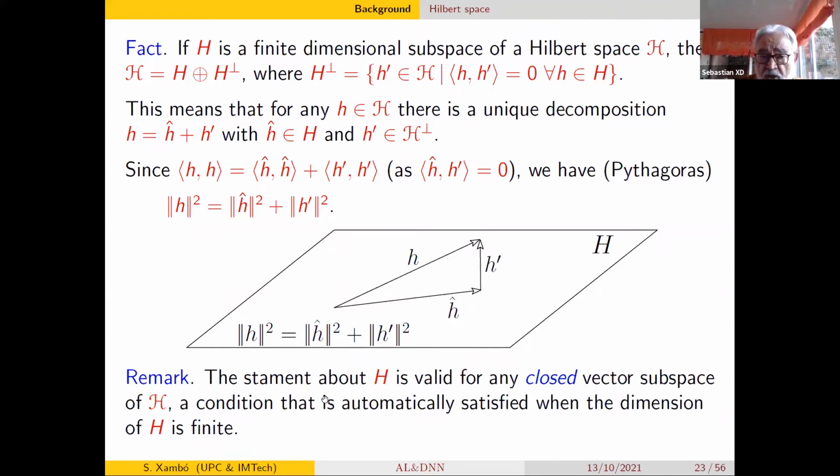Well, what I'm going to prove is also true if H is a closed subspace. A condition that for a finite one is not needed because automatically it is closed.